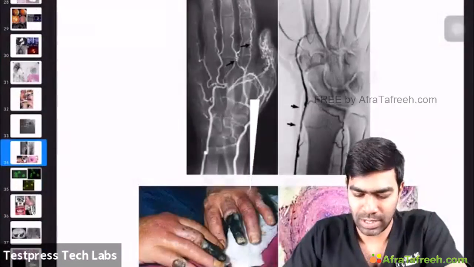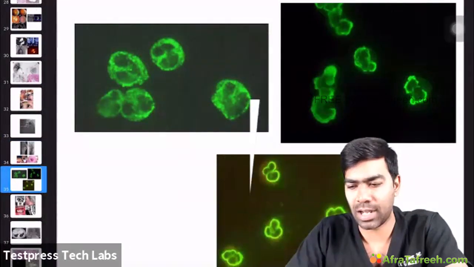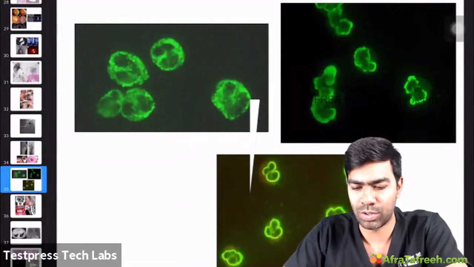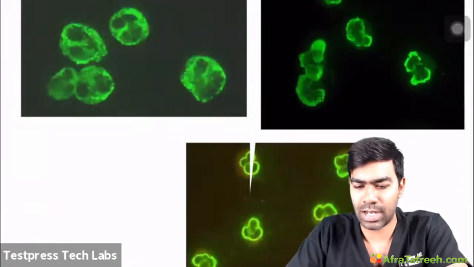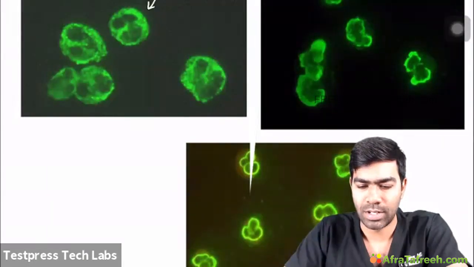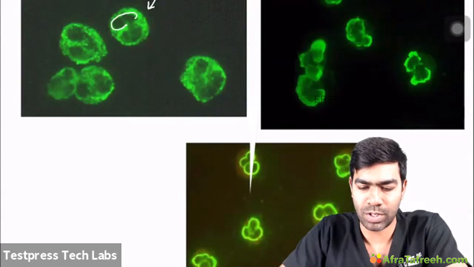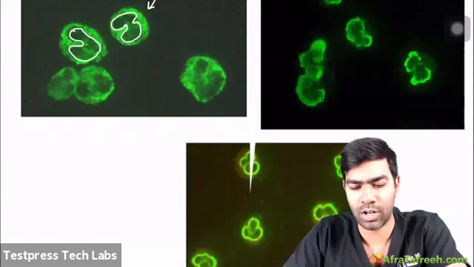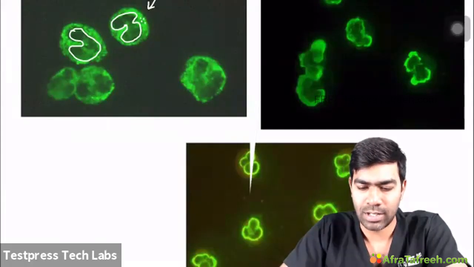So these are the typical ANCA patterns that you see. Suppose I'm doing immunofluorescence and I'm seeing this kind of a picture. This picture is very characteristic. You can see that these are the nuclear lobes of the neutrophils, which are not at all stained. You're seeing a cytoplasmic stain that is coarse, granular in nature.